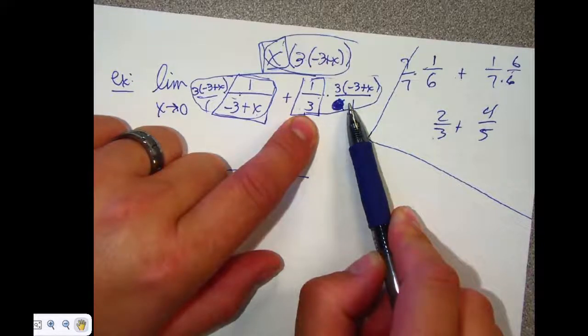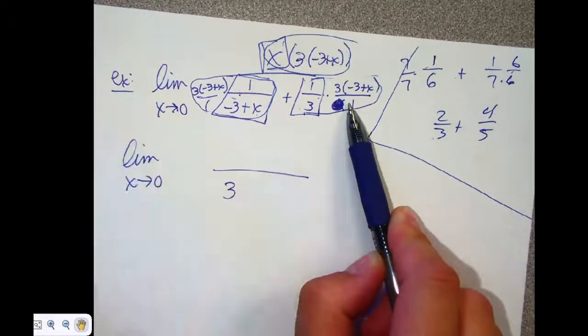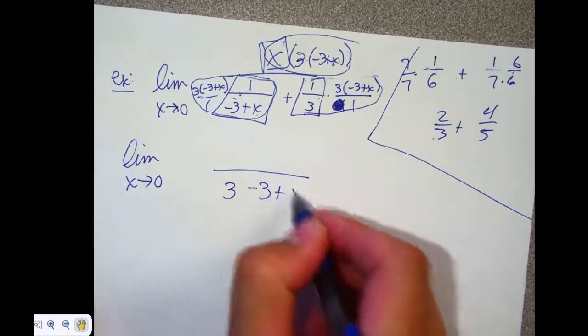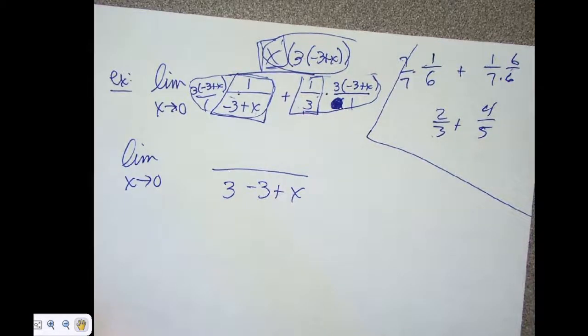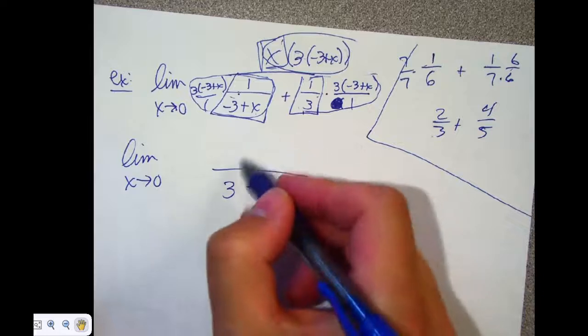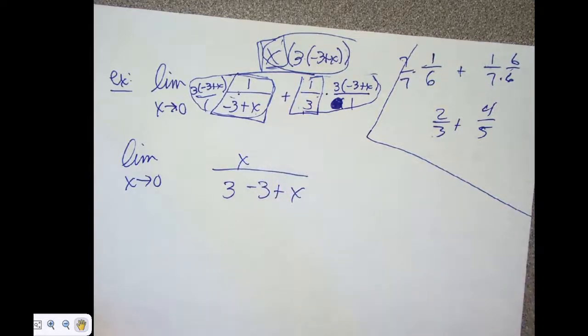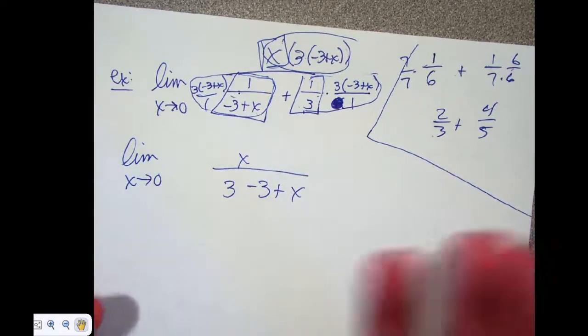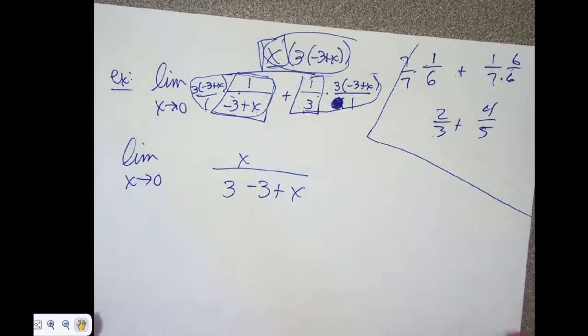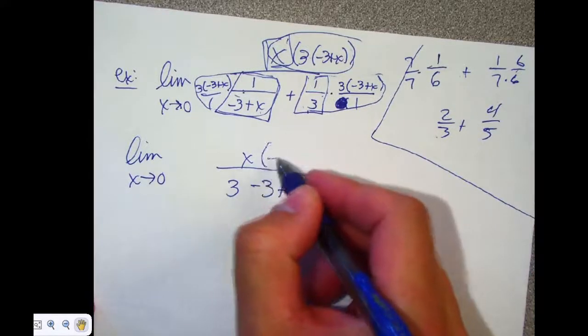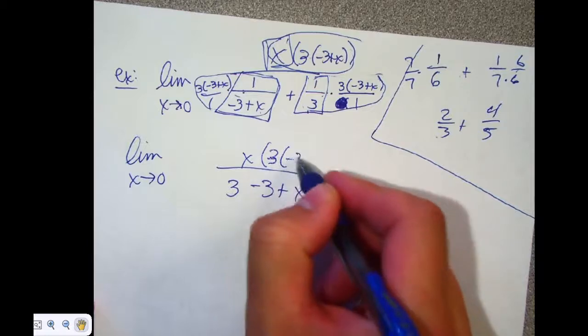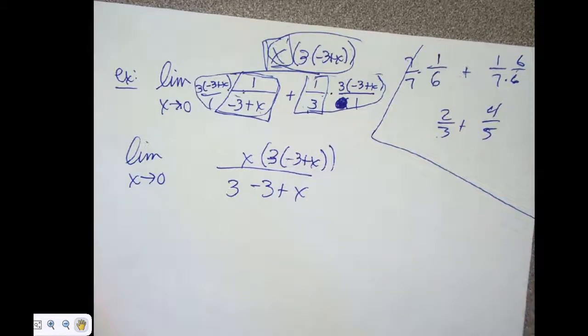So what's left? Negative 3 plus x. On top, I'm not going to distribute. Kind of the same thing as we were just talking about. If I distribute it, it becomes less obvious what will cancel. You can distribute, but I think it's easier if you don't. So I'm going to leave it like this for now.